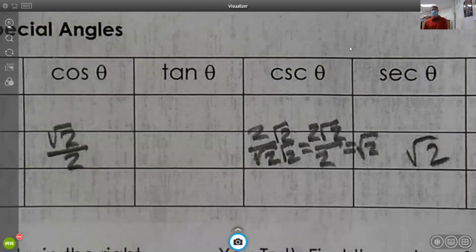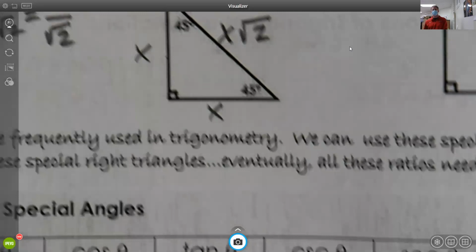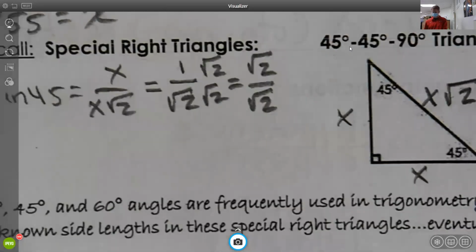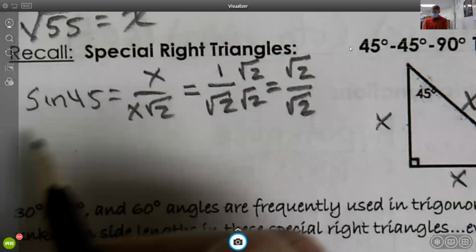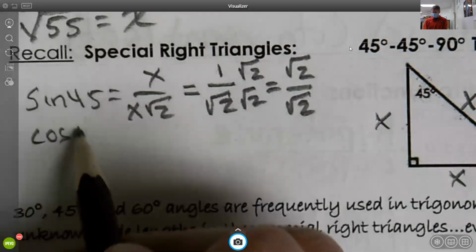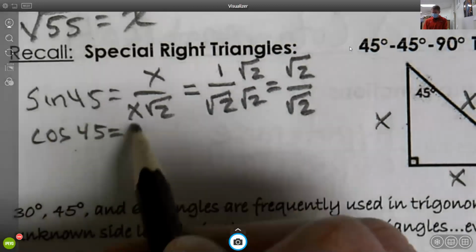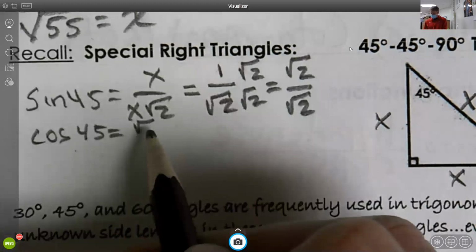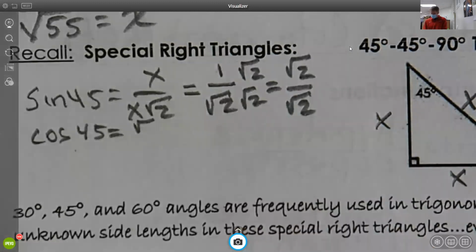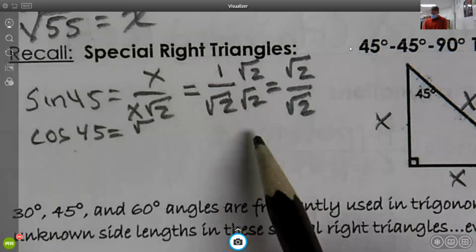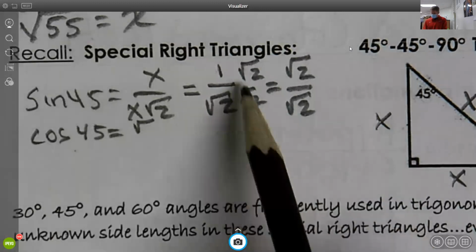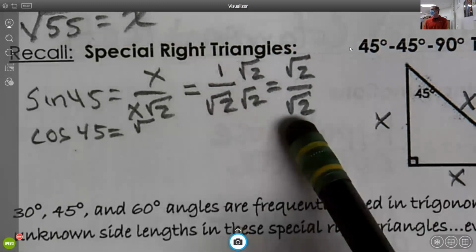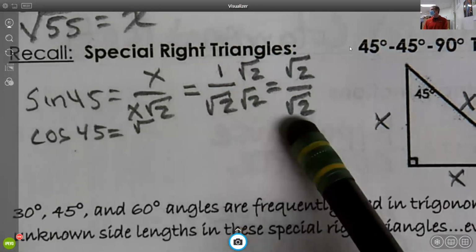Then the tangent. If we come up here, we know that the cosine of 45 is going to equal root 2 over 2. Let's see, what did I write before? I'm sorry, I wrote root 2 over root 2, right?